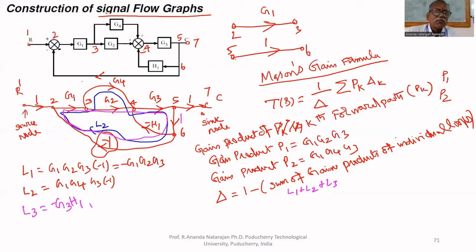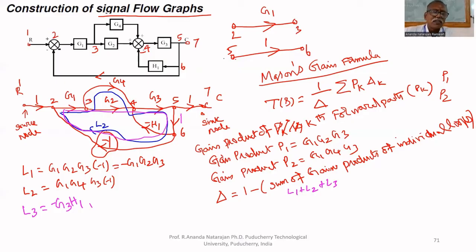This is not a loop. I am traveling this way: 3, 4, G4, then 4, G2, 3 is not a loop. Why is it not a loop? The direction is not in favor of traveling.